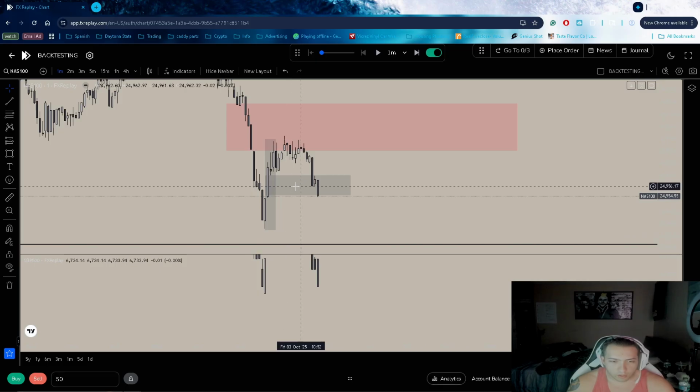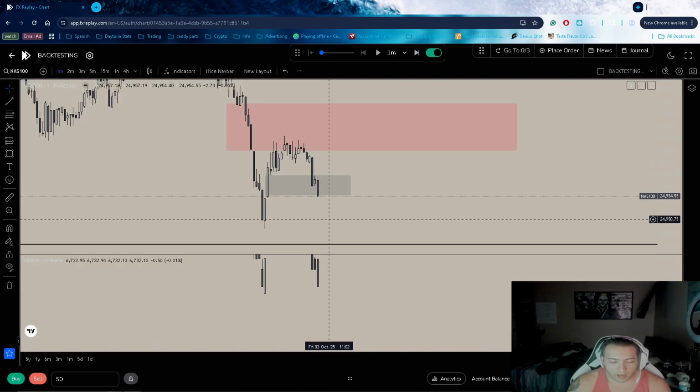So this is the original candle, but I like to see price get inversed within like 6 candles max out of the fair value gap being made. As you can see, way more than 6 were made: 1, 2, 3, 4, 5, 6, 7, 8, 9, 10. So it took 17 candles to inverse this. So that's one reason why I don't like it.